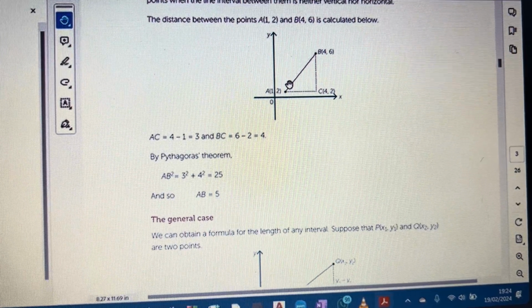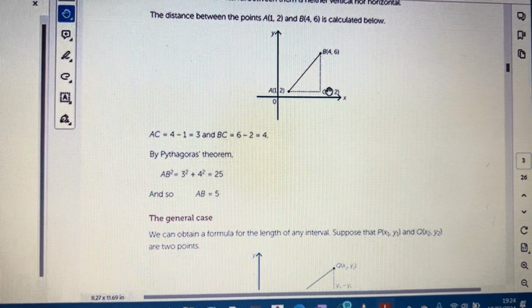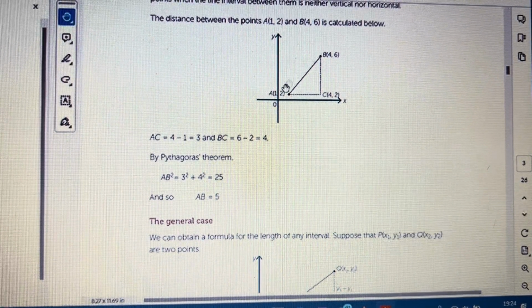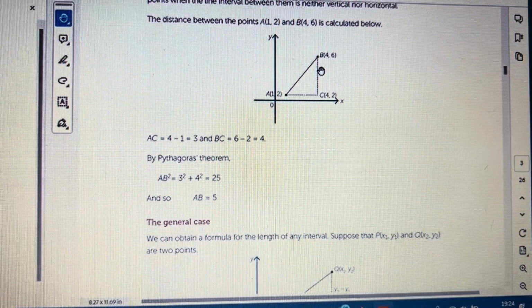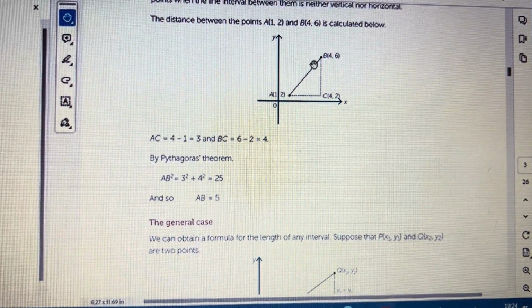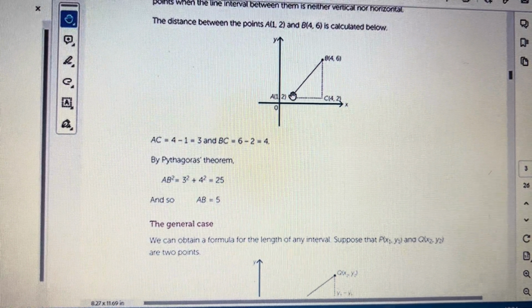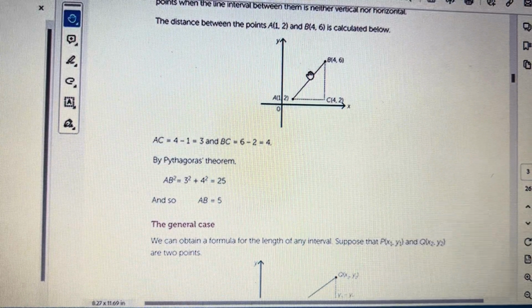So from geometry, we know that if we have a right-angled triangle, like the figure that's being made by these 2 points, if we join a line coming downwards and then going this side, we have a triangle. And the distance between these 2 points represents the hypotenuse of that triangle.